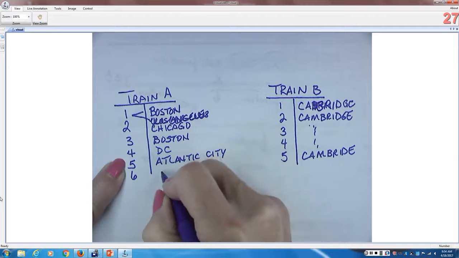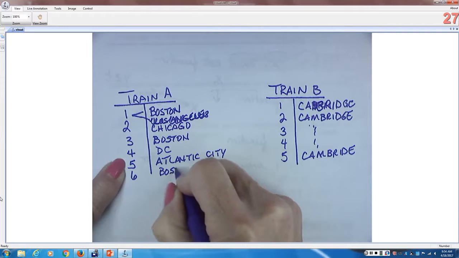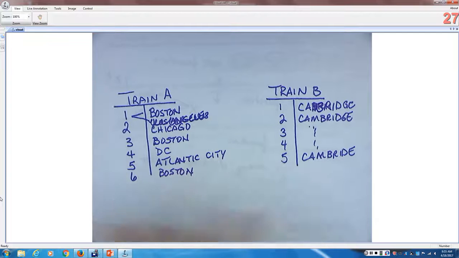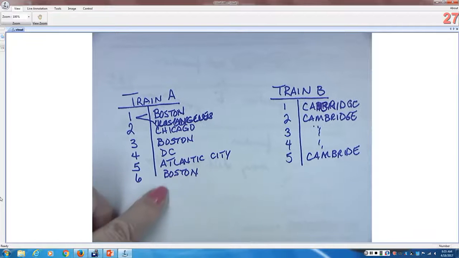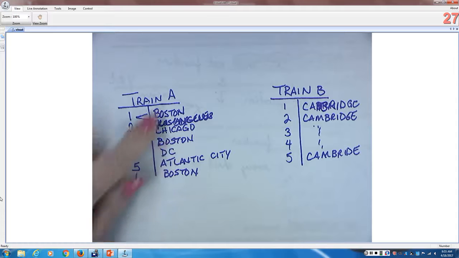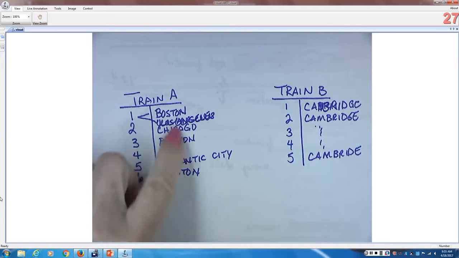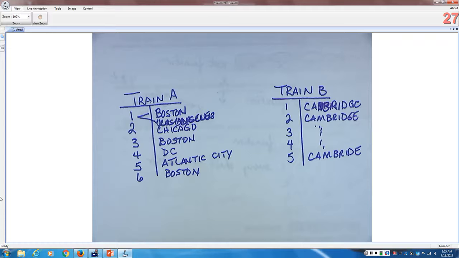And then it might go back to Boston again. So just like train B, it can go to the same city on multiple days, but it has to go to only one city every day. It is not allowed to go to 2 different cities on the same day. Okay? That would cause it not to be a function.